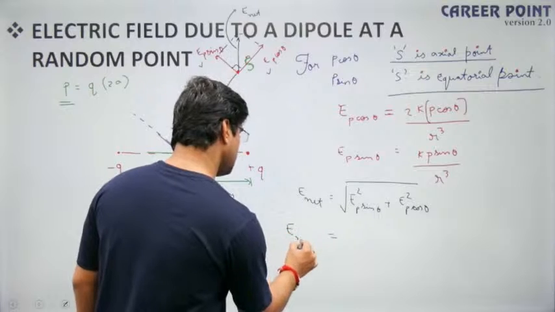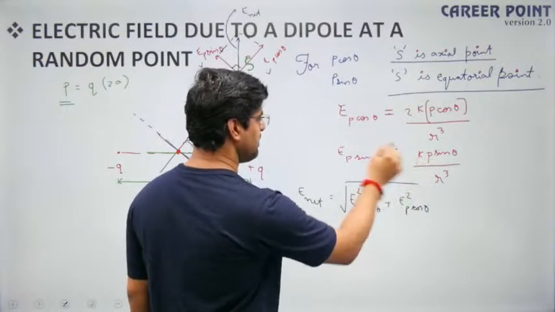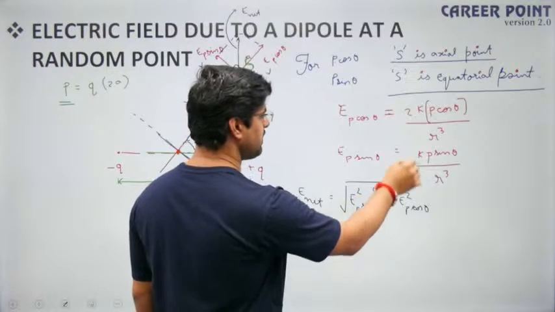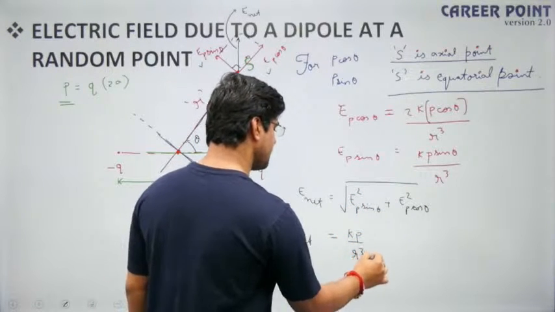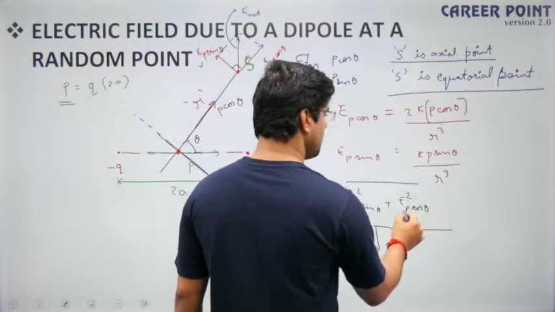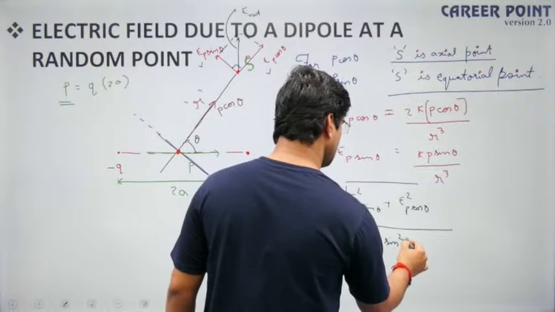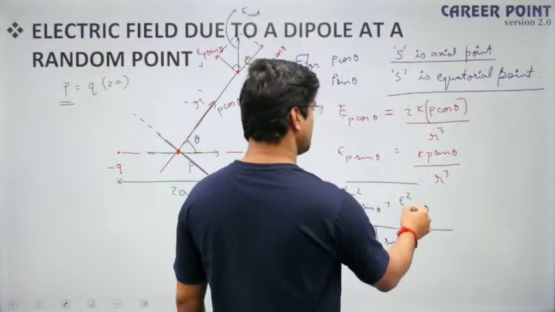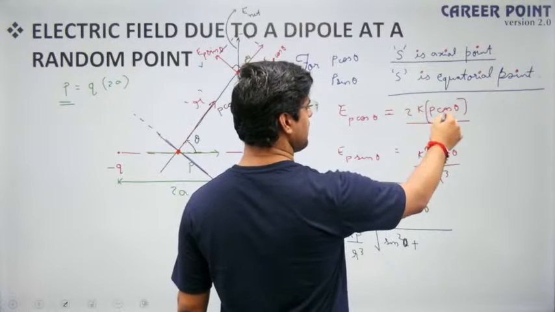E net is going to be equal to E P sin theta whole square, meaning kp sin theta by r cube. That means kp by r cube will be common. So kp by r cube I am taking common outside, and inside what will remain? Sin square theta will remain, plus E P cos theta whole square, meaning 2 kp cos theta by r cube.